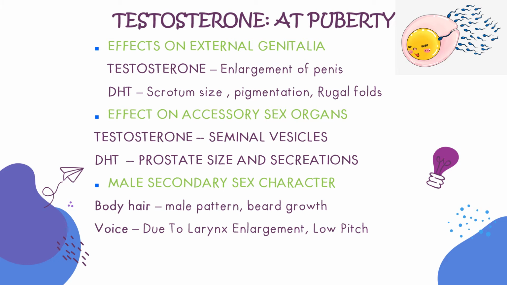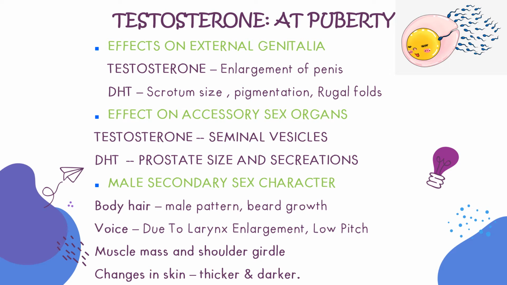Voice: testosterone causes the enlargement of the larynx and thickening of the vocal cords, which results in a deeper low pitched voice, so a characteristically masculine voice. Muscle mass in the shoulder girdle: testosterone causes the enlargement of the muscle mass, especially at the shoulder and the pectoral muscles during puberty.